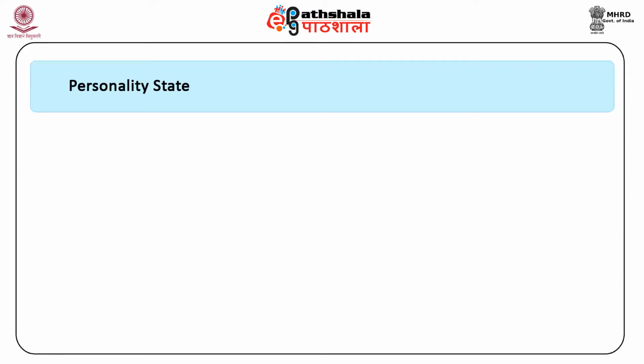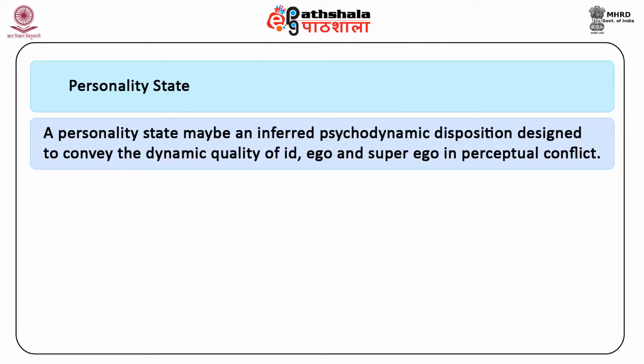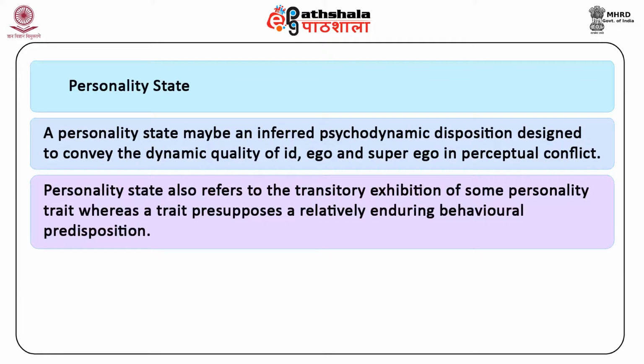Personality state. A personality state may be an inferred psychodynamic disposition designed to convey the dynamic quality of id, ego, and superego in perceptual conflict. Personality state also refers to the transitory exhibition of some personality trait, whereas a trait presupposes a relatively enduring behavioral predisposition.